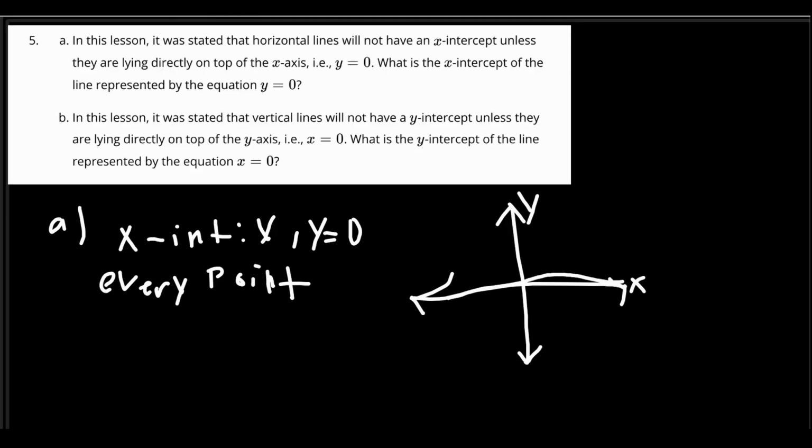This is the line. Wait, I can just pick a different color. This color. This is the line of y equals 0. And that's on the x-axis. And if it's on the x-axis, then every point is the x-intercept.